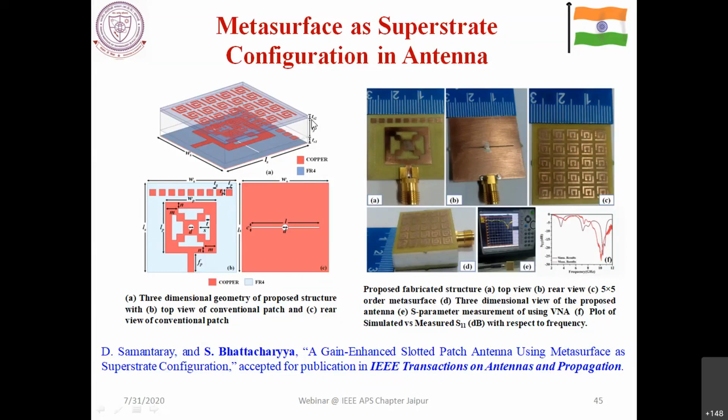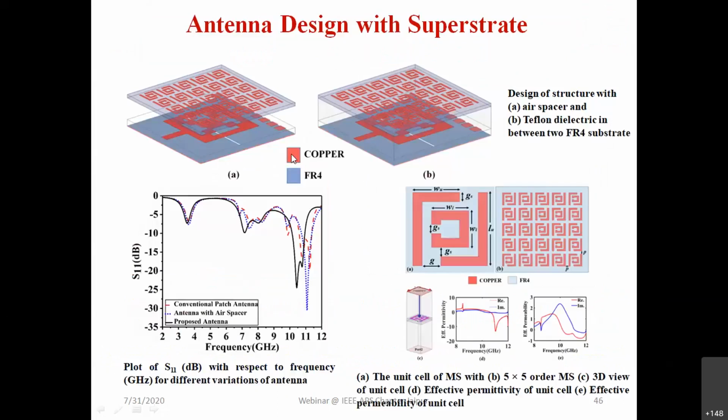This one has been separated by a layer of Teflon, and initially the antenna and the metasurface were fabricated for the purpose. You can ask, with and without Teflon, if we go for a simple air spacer, we get a narrowband application, but with the introduction of the Teflon layer, one can get enhanced bandwidth.